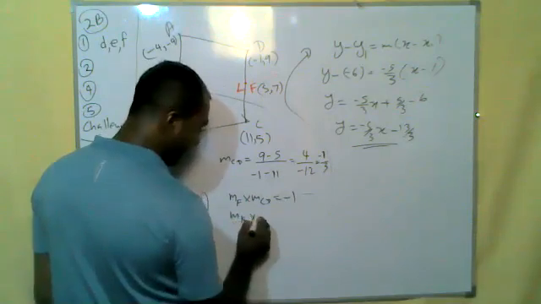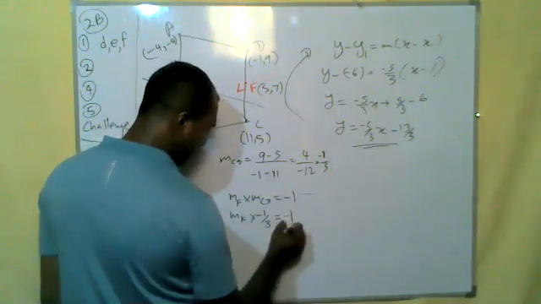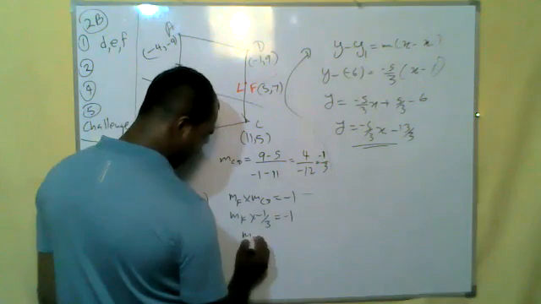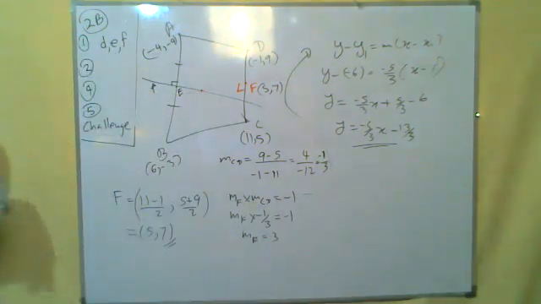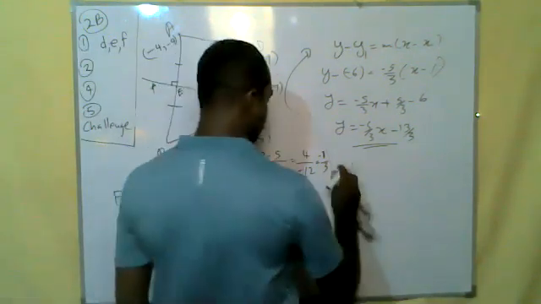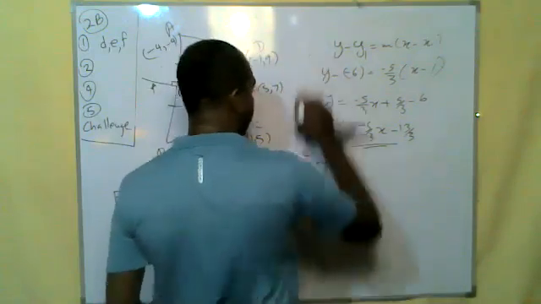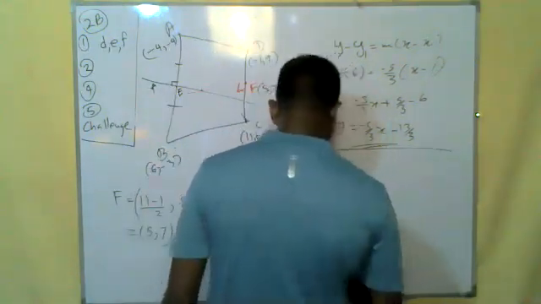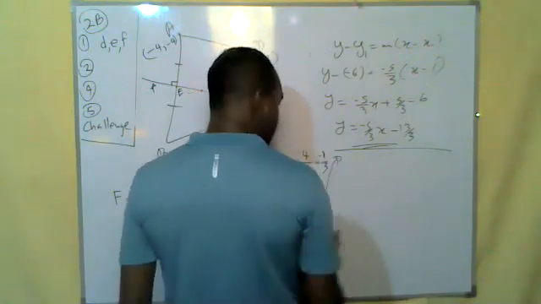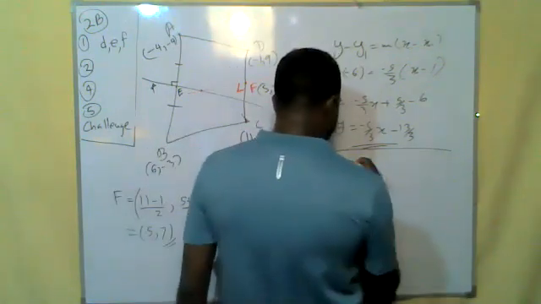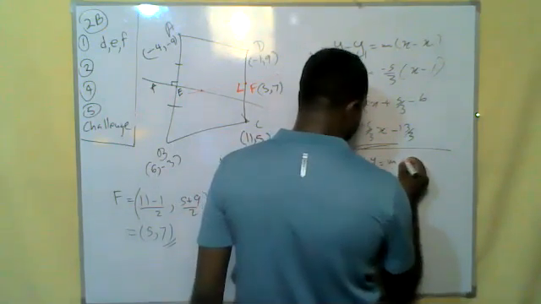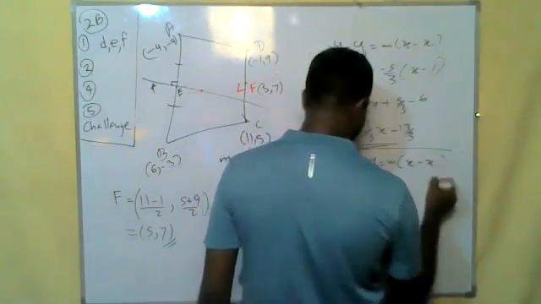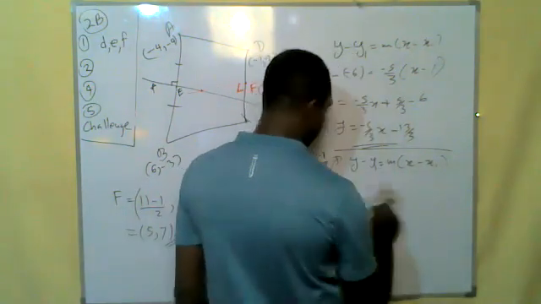So MF times minus 1 over 3 equals minus 1. MF equals 3. So we know 1 point, we know the gradient. We can use the equation y minus y1 equals gradient times x minus x1 and find the equation of the line.